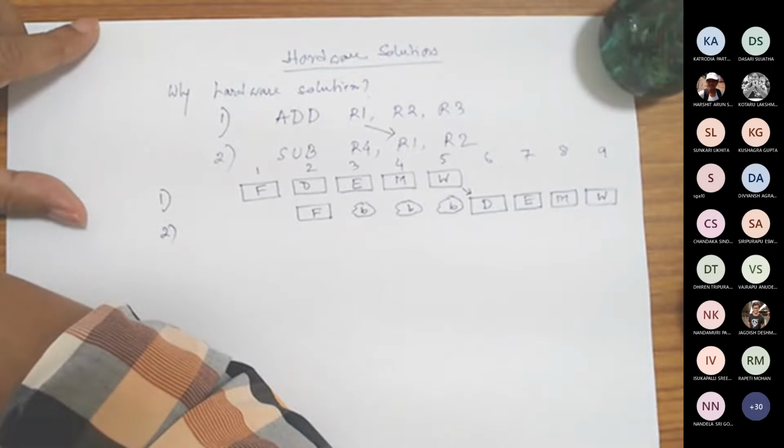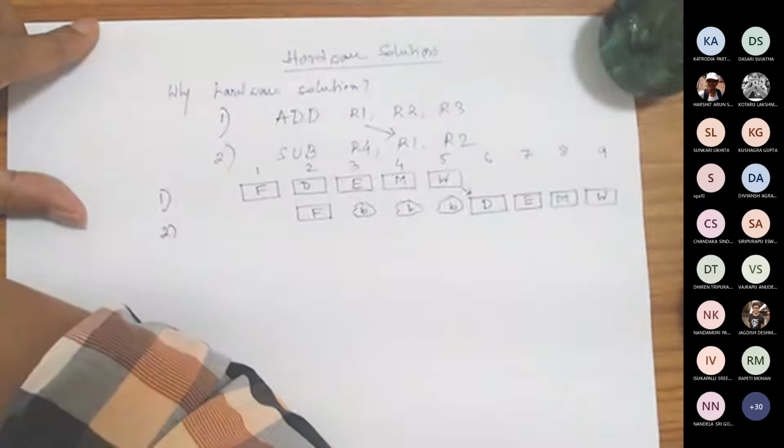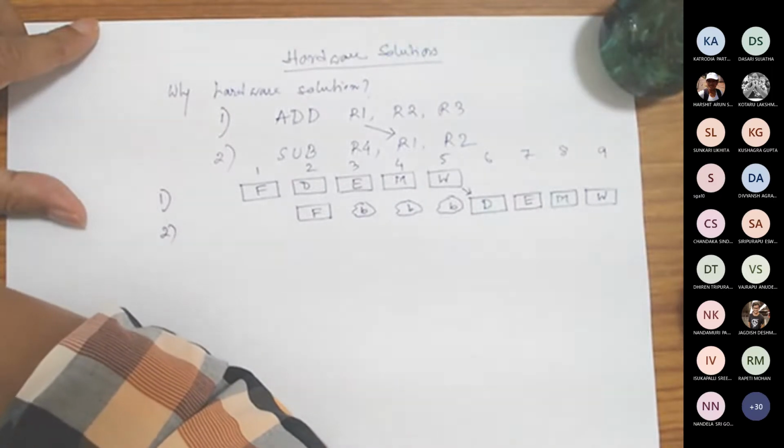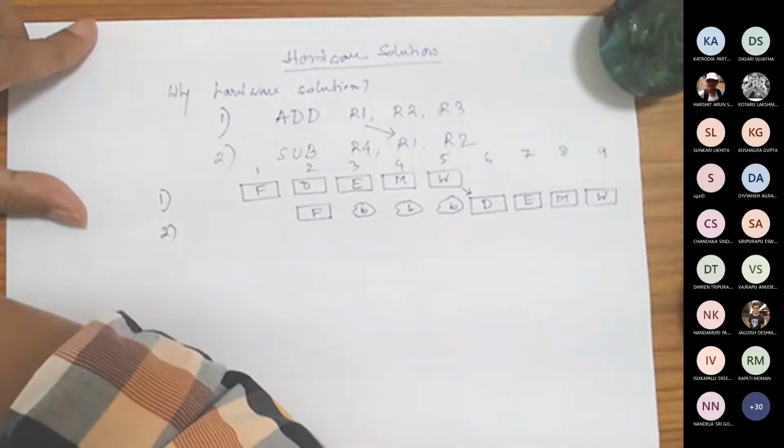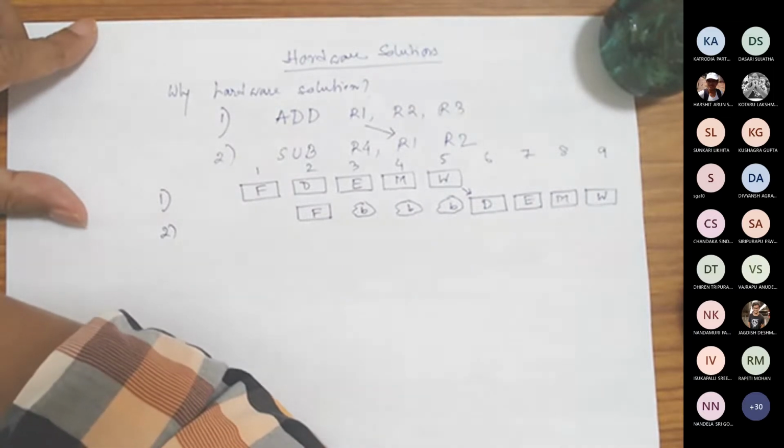Will there be any problem? No, sir. So the correct answer is that it requires the value at clock cycle 4. So the second instruction requires the value of R1 at T4.